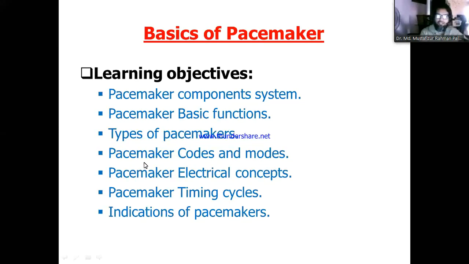And some electrical concepts, as it is an electrical device, so the electrical concepts should be understood by everybody. And the pacemaker timing cycle, by which it maintains its function. And later on the indications of pacemakers, the implantation procedures, and some of the complications are also included in the basics.